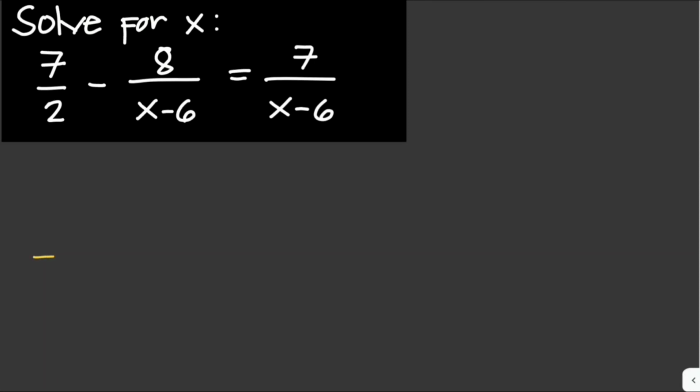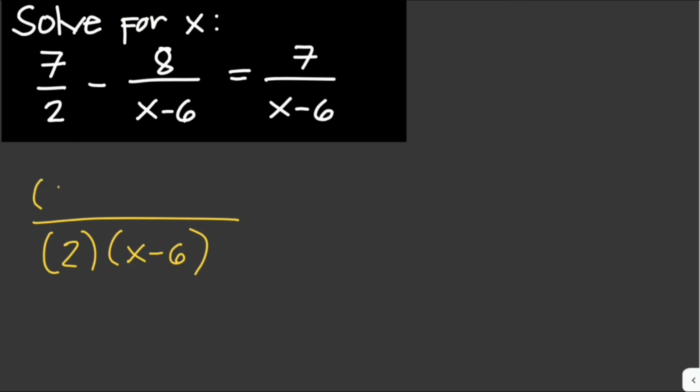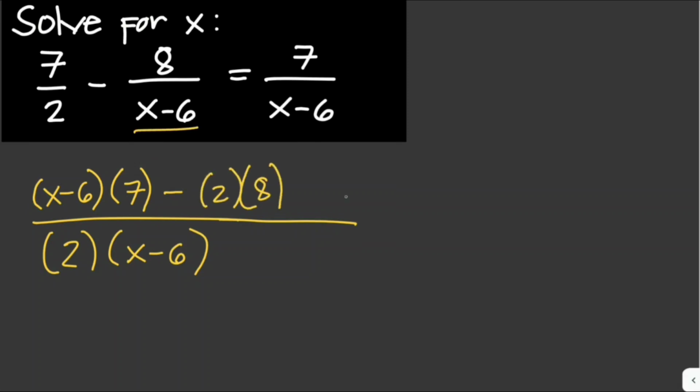So we get the LCD for this one, which is 2 times x minus 6. So 2 times x minus 6 divided by 2 is just x minus 6 times the numerator, which is 7. Then copy the operator sign, minus, and 2 times x minus 6 divided by x minus 6 is 2 times 8 equals 7 over x minus 6.